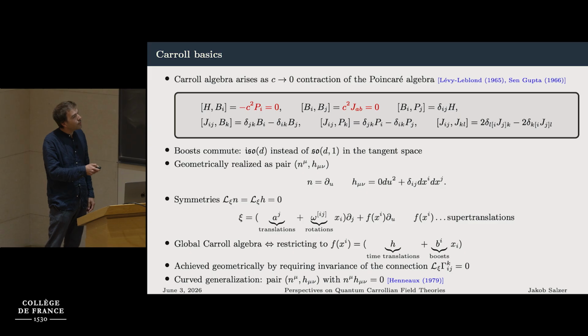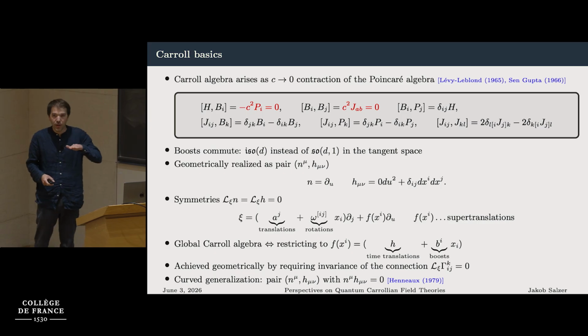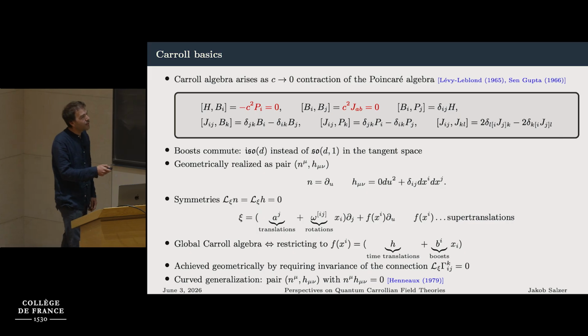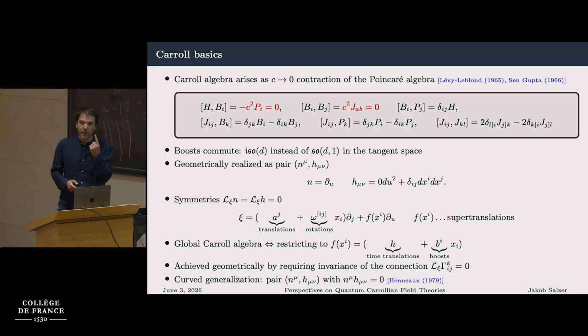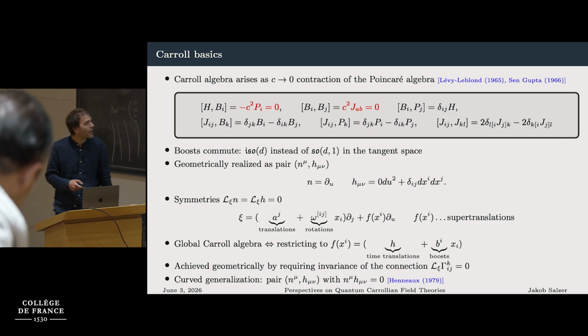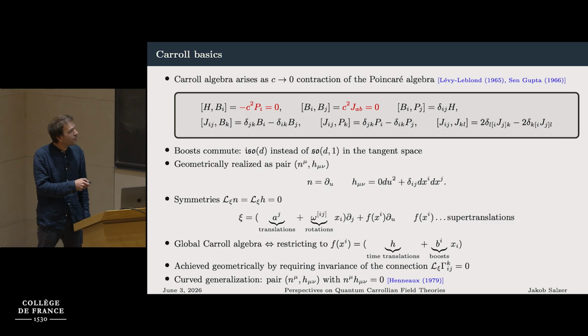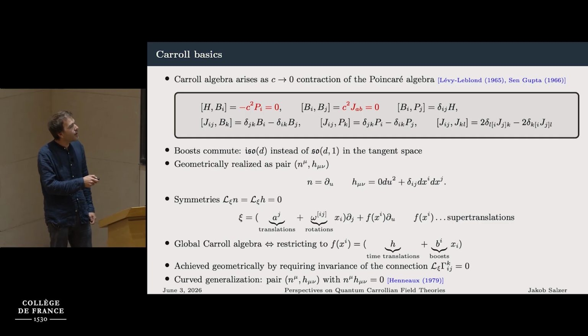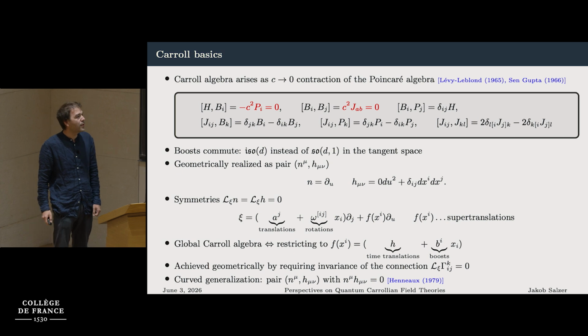Well, as we just saw today, I give you a pair of a degenerate metric, which is flat in the spatial part, and a null vector pointing into the degenerate direction. Now we can look at the symmetries. So again, which vectors preserve this structure under the Lie derivative.